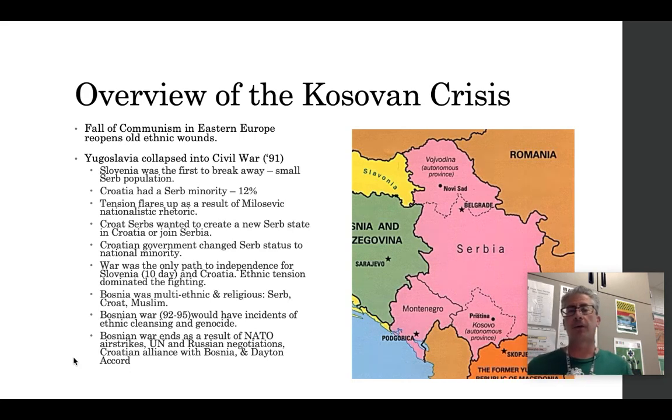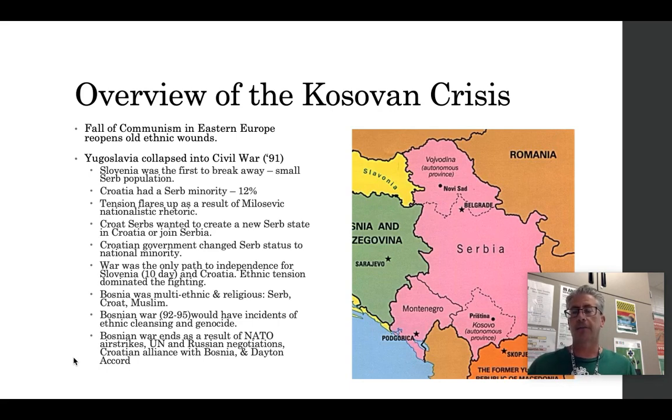In 1991, Yugoslavia collapses into a civil war. And the various republics begin to break away and want to become independent. So Slovenia was the first to break away, and had a small Serb population. Croatia had a Serb minority of about 12%.